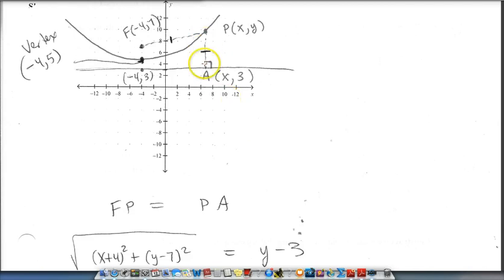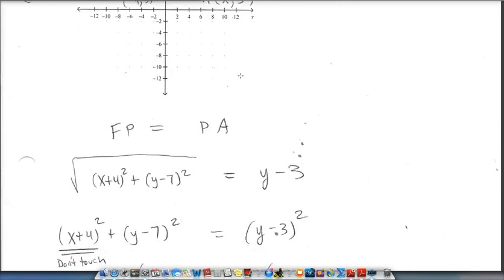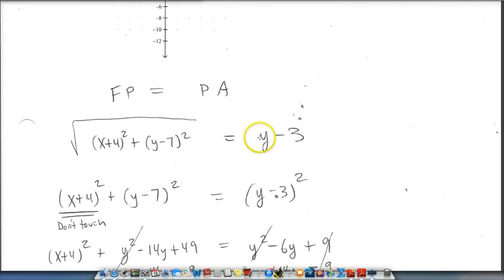PA being a vertical segment has the same x coordinates for P and for A. Therefore, to find the length of segment PA, we can just subtract the y coordinates and find the absolute value of that difference. Okay. y being the larger of the two values, I really don't need the absolute value, so I can just express it this way.